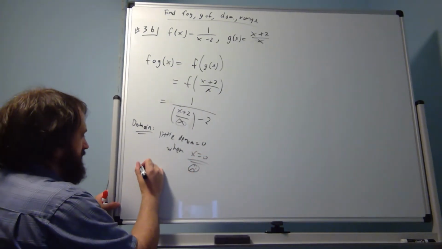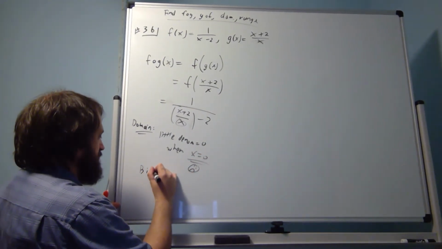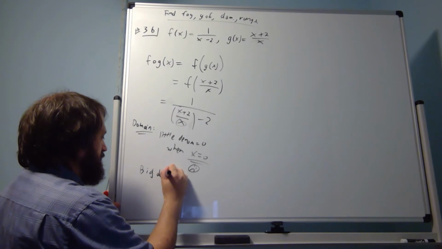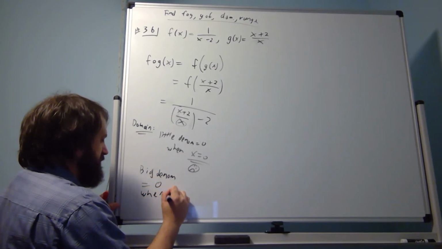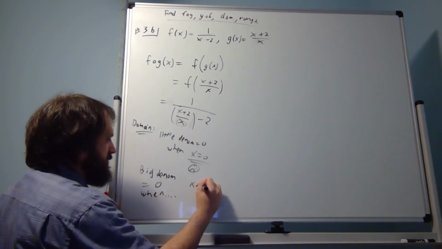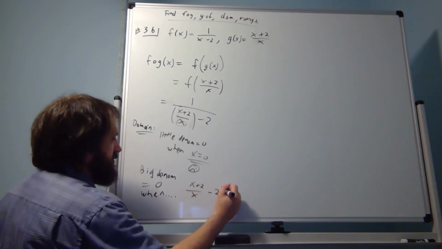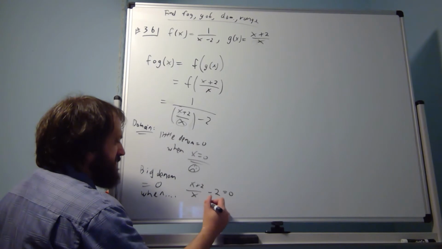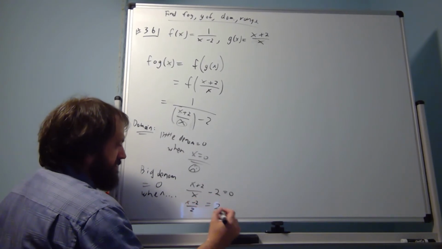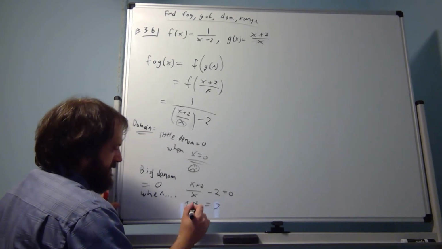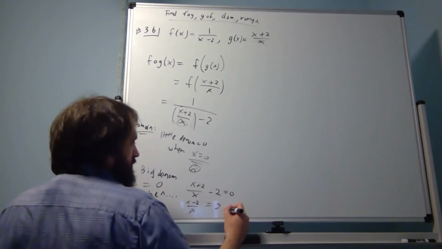And we've got a big denominator to worry about. The big denominator equals 0 when, okay, so we have x plus 2 over x minus 2 equal to 0. That means that'll happen when x plus 2 divided by x is equal to 2.